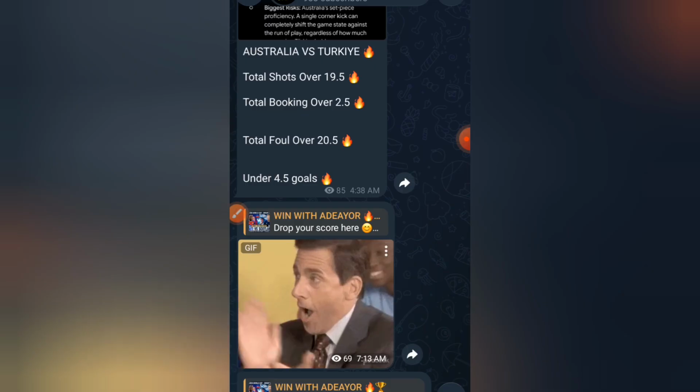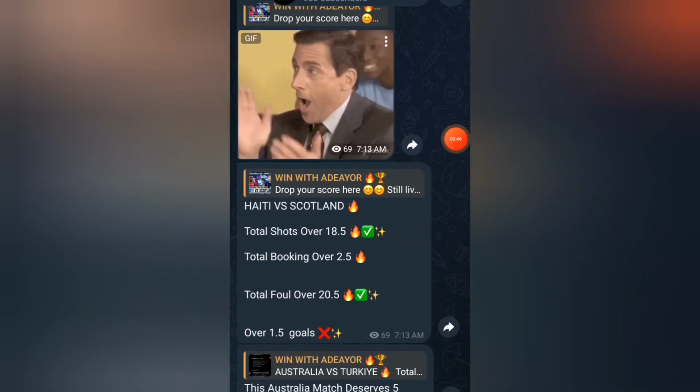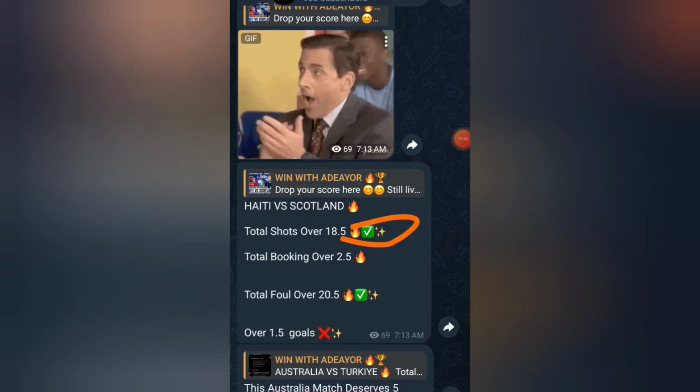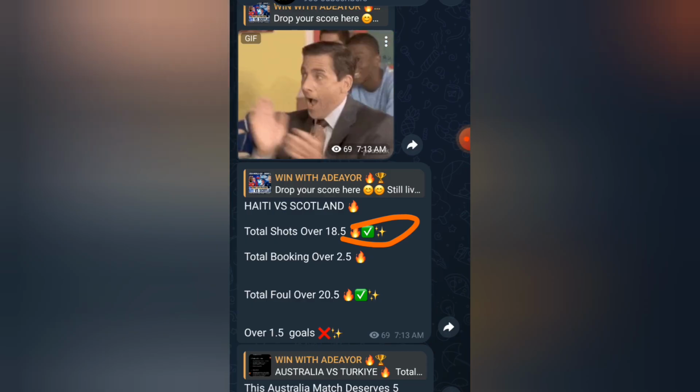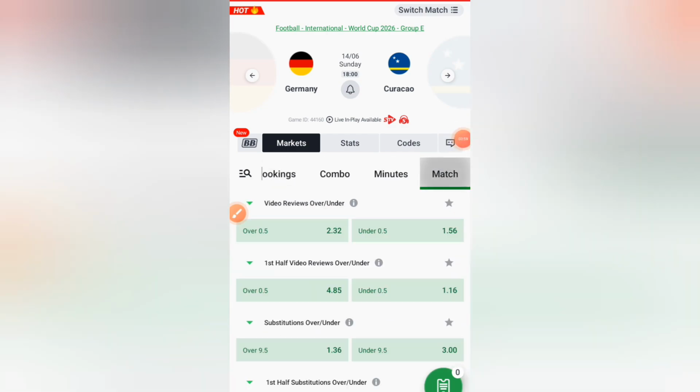Now, if we look at it very well, most times when you use these particular options, it comes out so well, and we always have reasonable odds aligned to it, because most of these bookmakers are providing market options for markets like this.